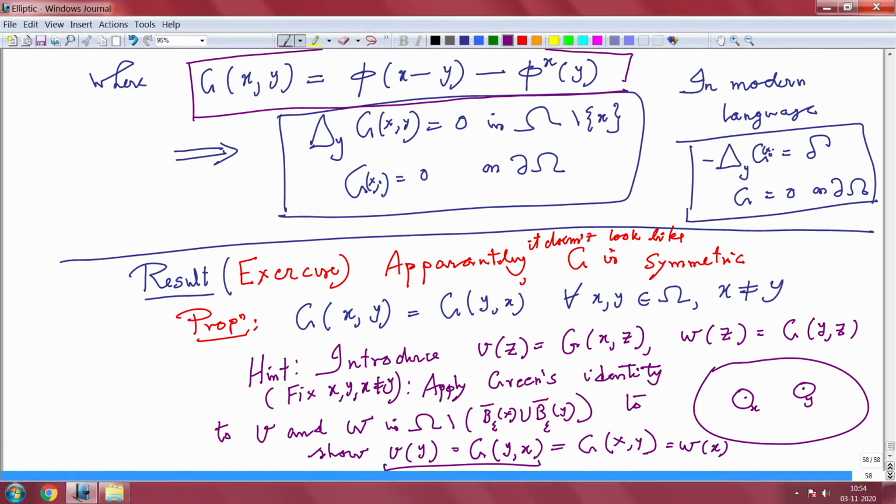So, we will stop this lecture here. What we are going to do is construct Green's function for two special cases. The last remark in this lecture is that once you get a Green's function, you have a Green's formula.